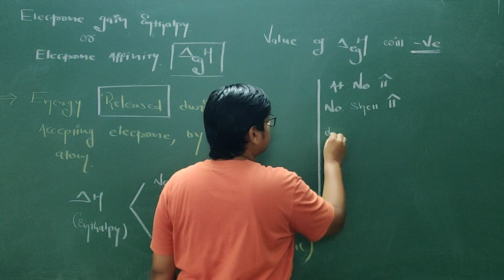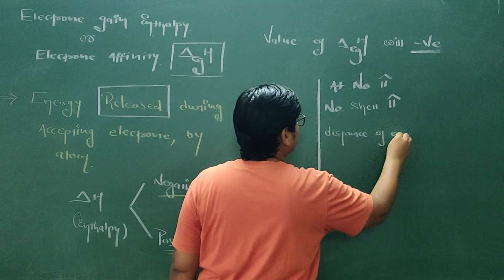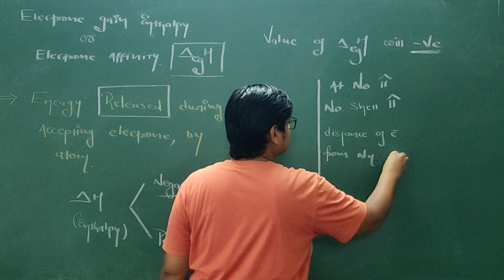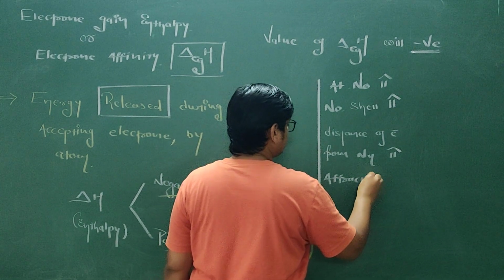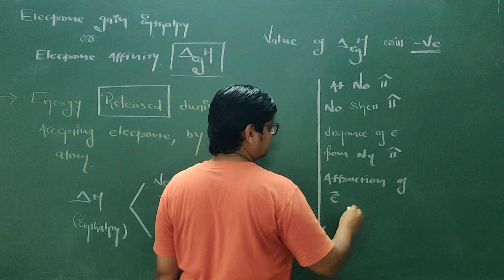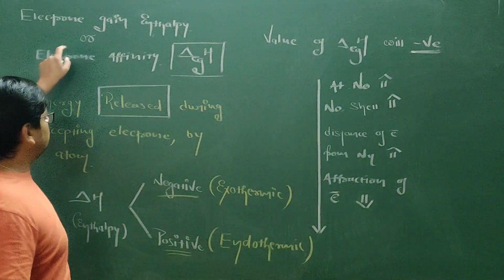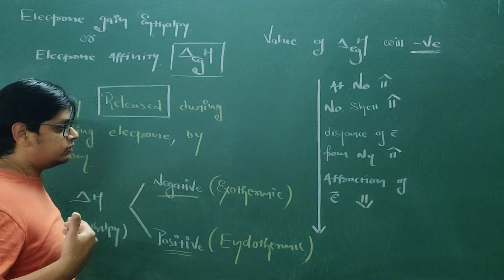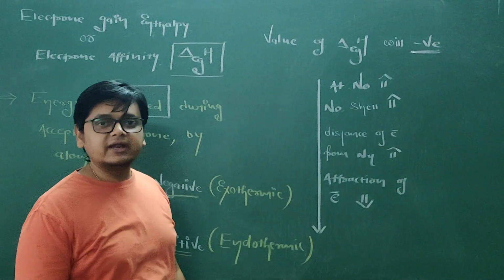It means the distance of the electron from the nucleus increases. So the attraction of the electron towards the nucleus decreases, and this attraction is called electron gain enthalpy. When the electron is attracted towards the atom, it releases some energy. This energy is called electron gain enthalpy.